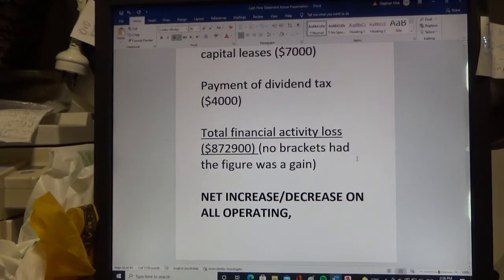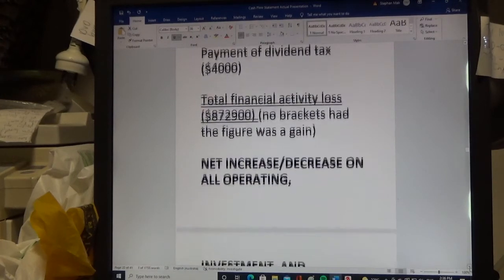Now if there is one in your country, now you get total financial activity loss or gain. It is a loss. The figure's in brackets. If there were no brackets, the figure would have been a gain.